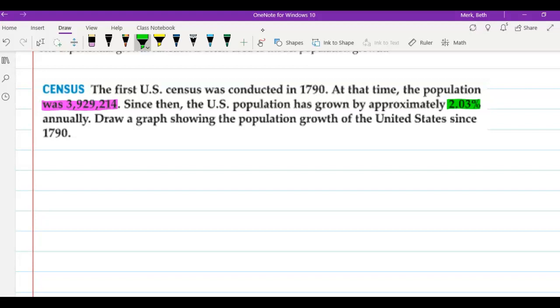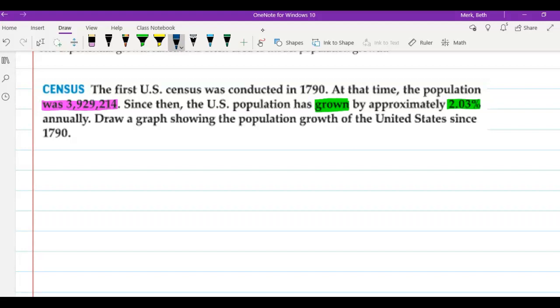That's our rate. And it's growing, which means we want to add that to 1 to show growth. You can't multiply something by a number smaller than 1 and expect it to grow. So we want to first come up with an equation that would model this scenario.